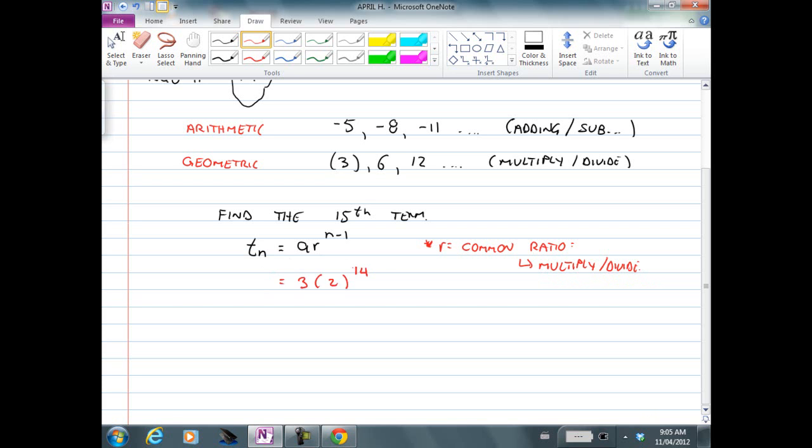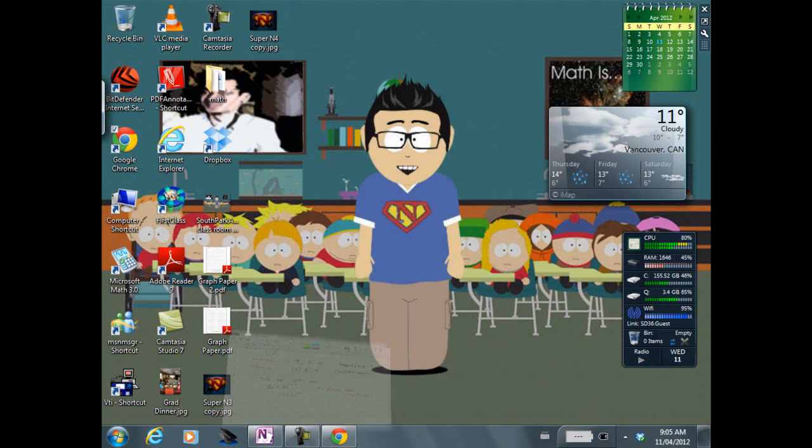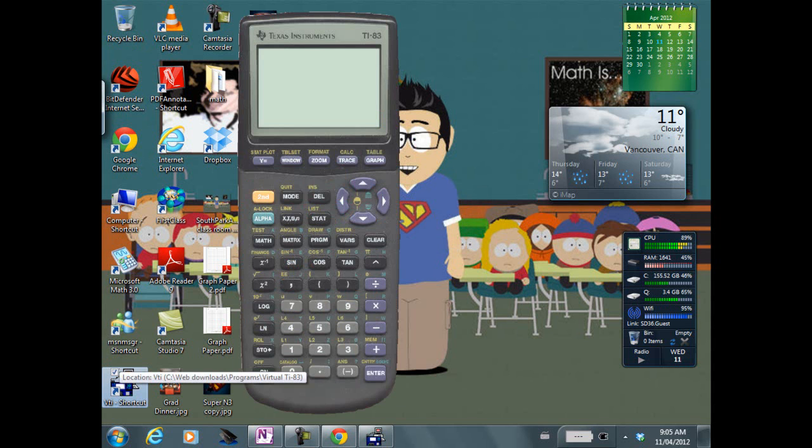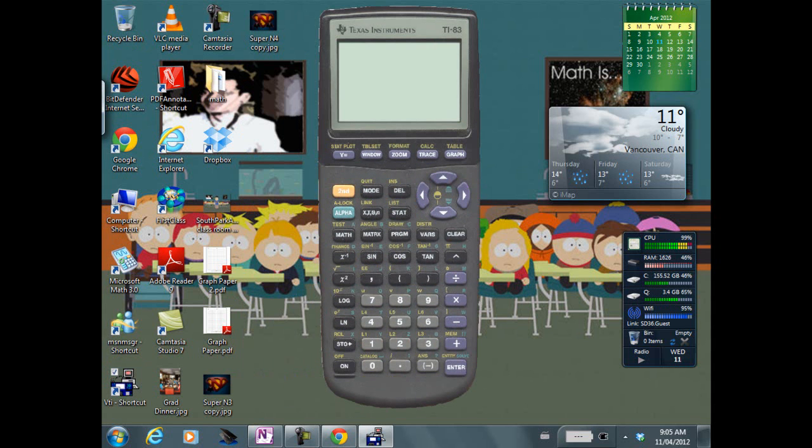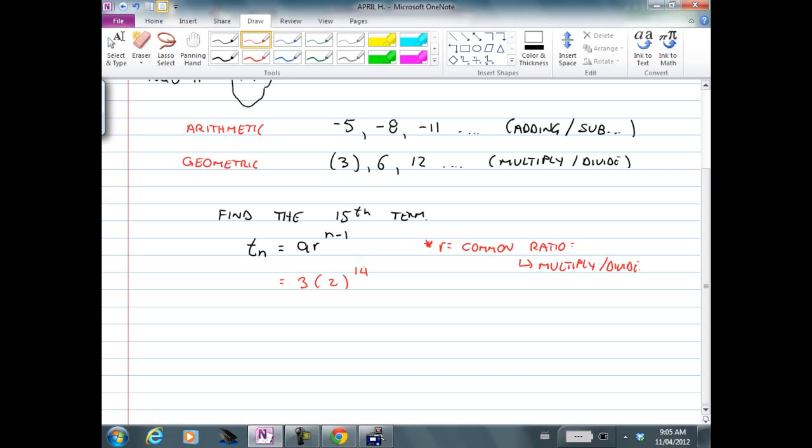So go 2 to the power of 14 on your calculator, times your A value, 3. And your answer is 49152. Voila. That's called a geometric sequence. Nothing too bad.